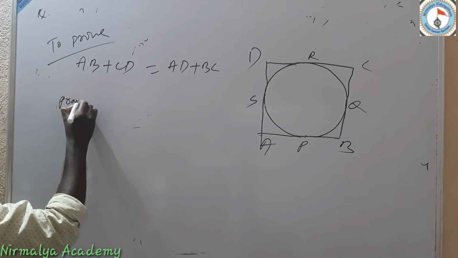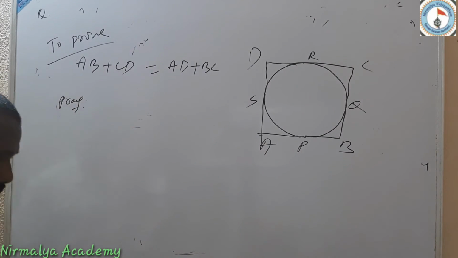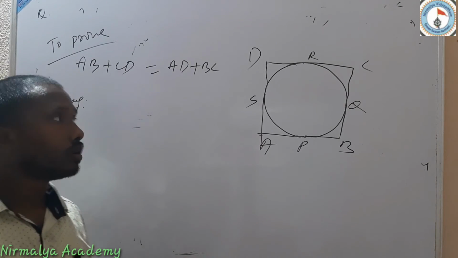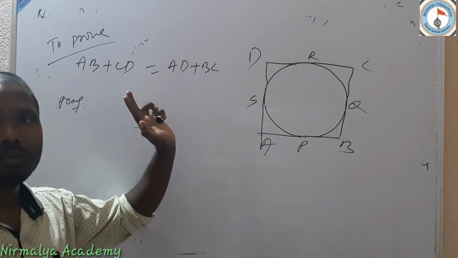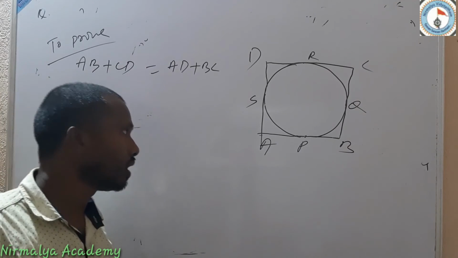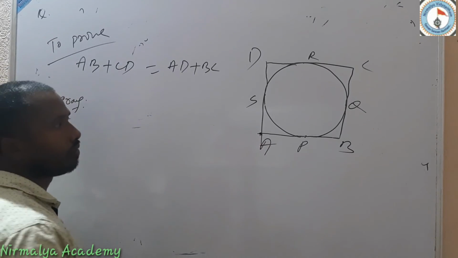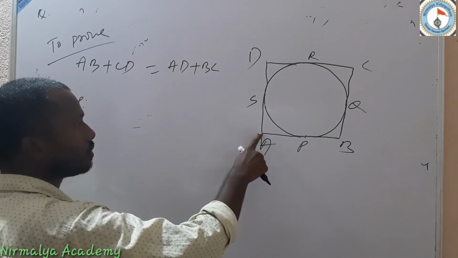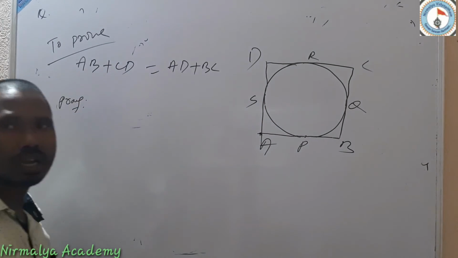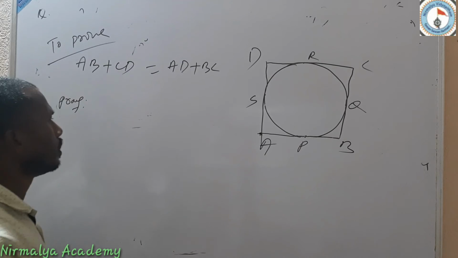Now let's start the proof. As we know, tangents drawn from an external point to a circle are equal in length. So A will be an external point for this circle. So that's why AP and AS are two tangents and their lengths will be equal.